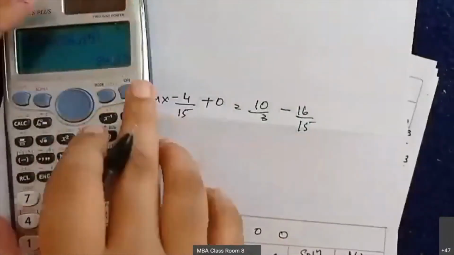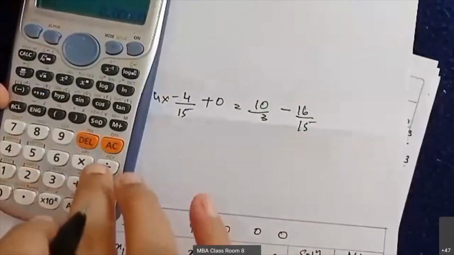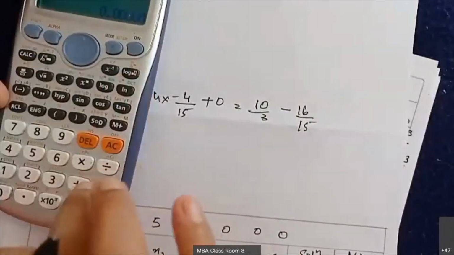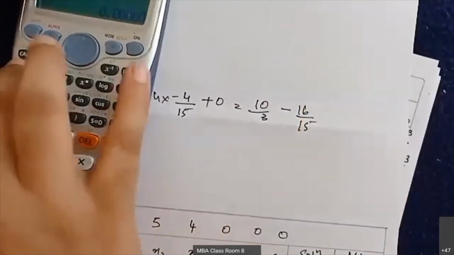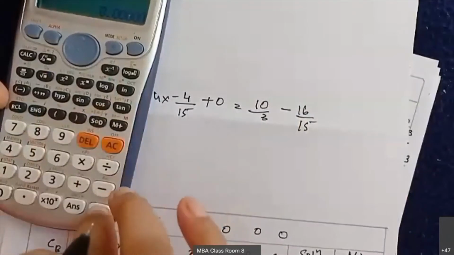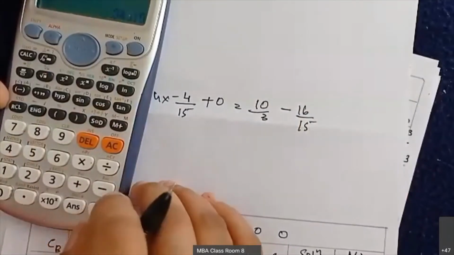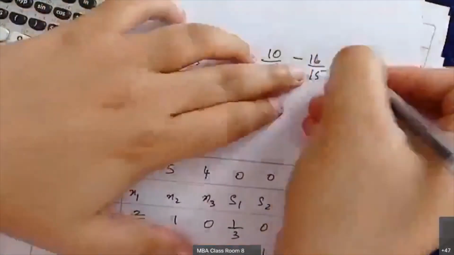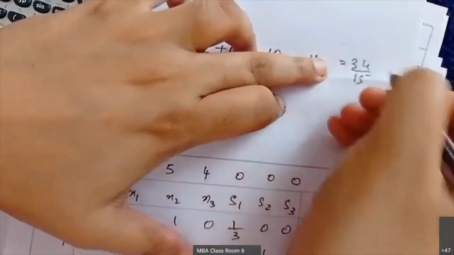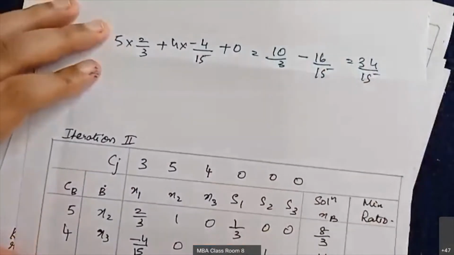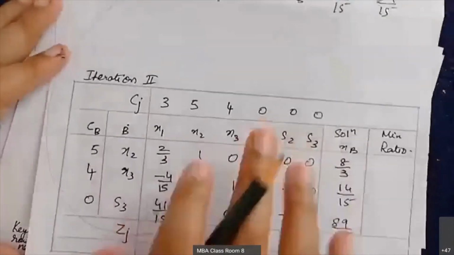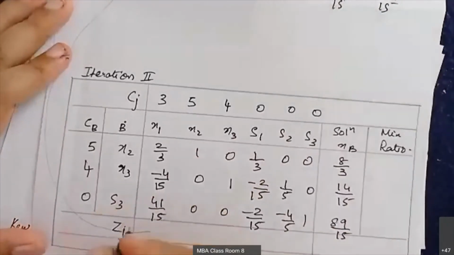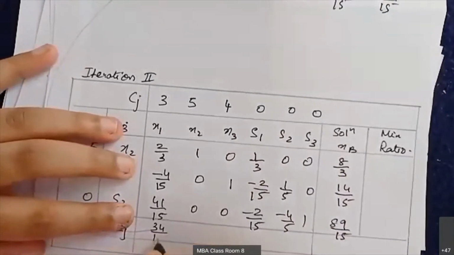What is the value? 10 by 3 minus 16 divided by 15. I get 34 divided by 15. So our answer is 34 divided by 15.